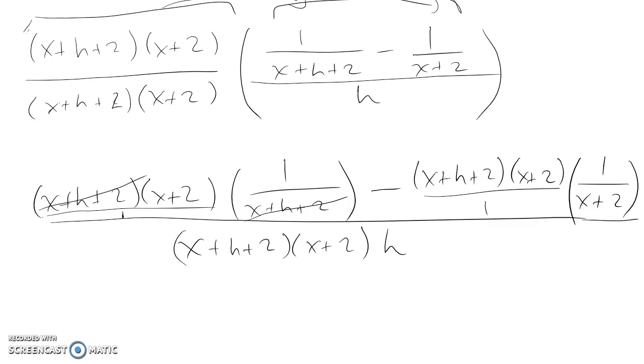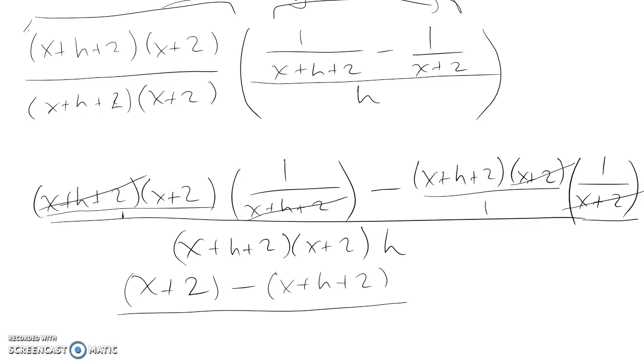And when I do that, the factor x plus h plus 2 cancels. So all I'm left with in this term then is x plus 2 times 1, which is x plus 2. In the second term here, x plus 2 in the numerator and x plus 2 in the denominator cancel, and all I'm left with is x plus h plus 2 times 1, or just x plus h plus 2.